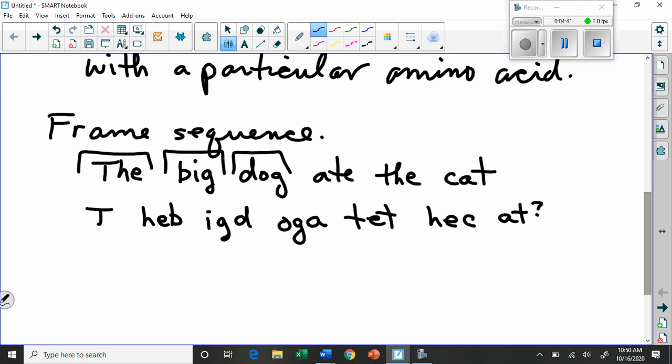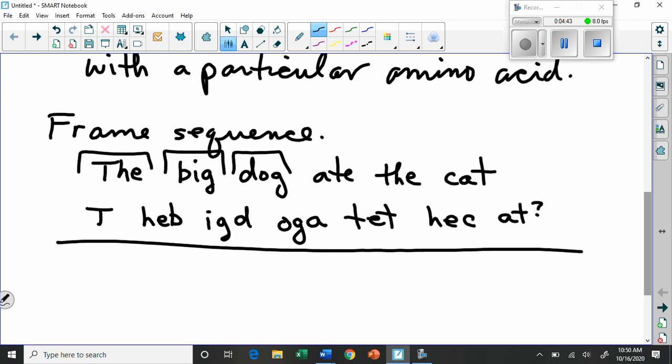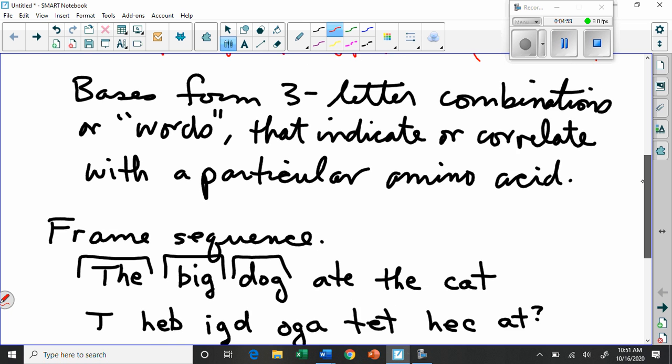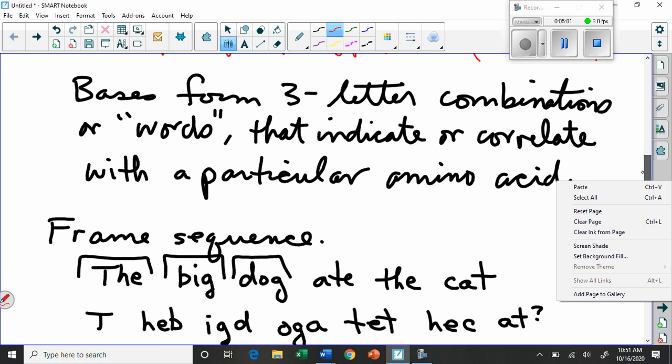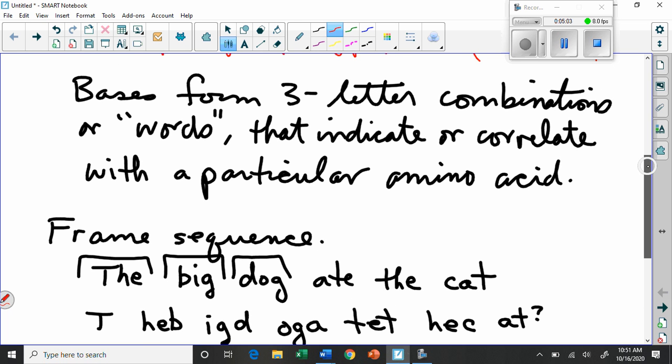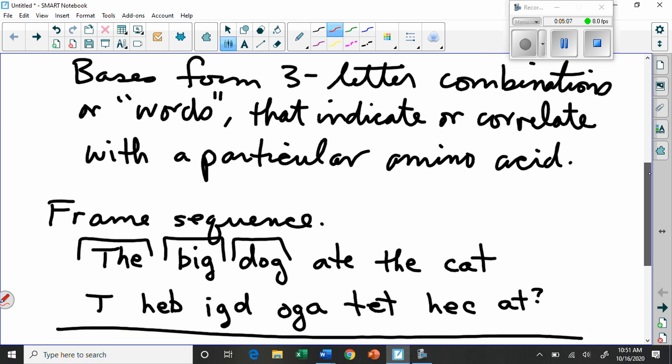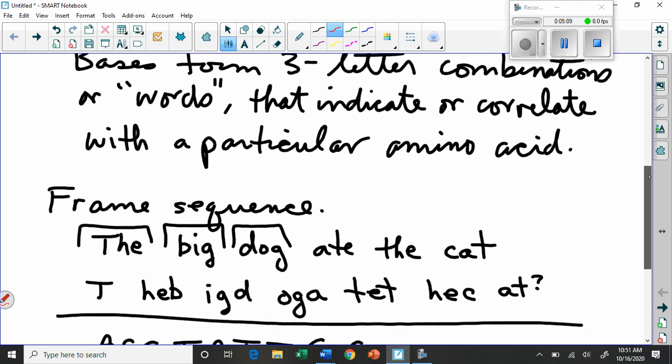So by comparison, if you have a piece of DNA and it says A, C, C, T, A, T, T, G, let's put a C on the end. There are 3-letter words that form, genetic words that indicate or correlate with a particular amino acid.